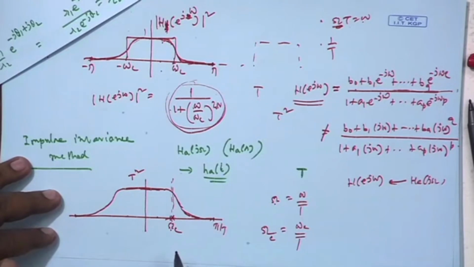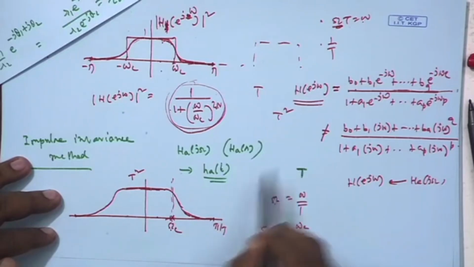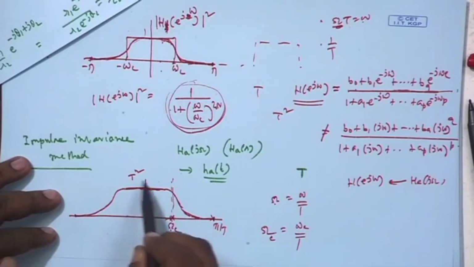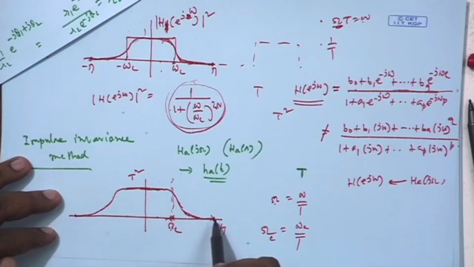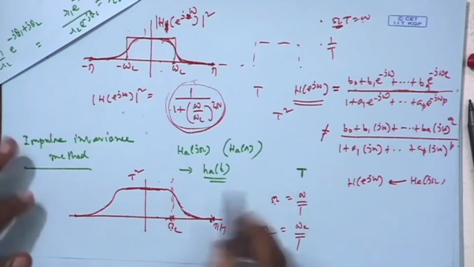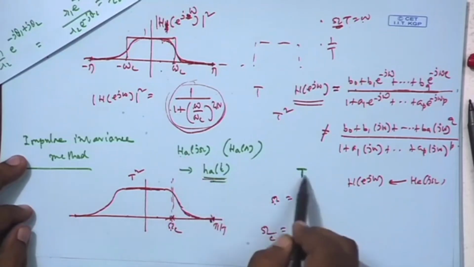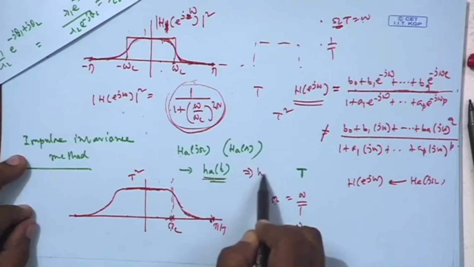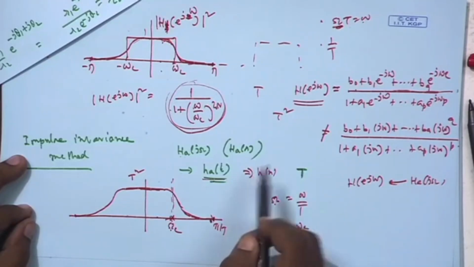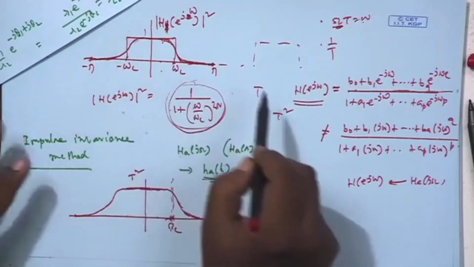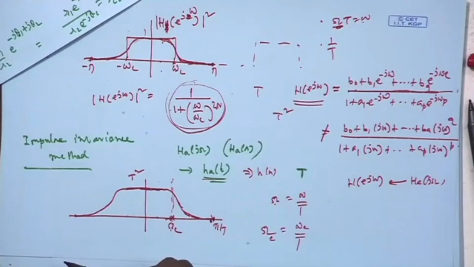Since the analog function is band limited and almost 0 at half sampling frequency, there will be no aliasing. So if H A(t) is sampled with sampling period T to generate H[n], that H[n] will have a DTFT which looks like the original analog Fourier transform, with no aliasing component.